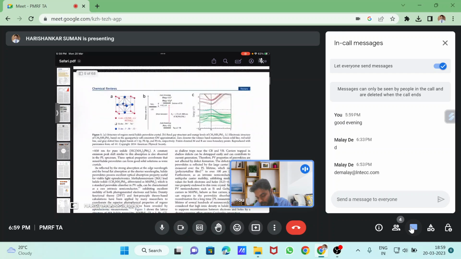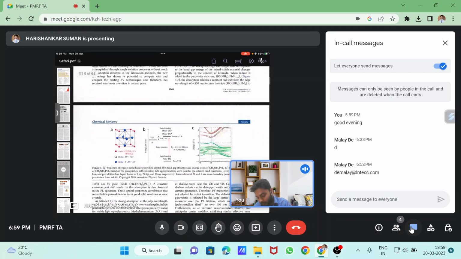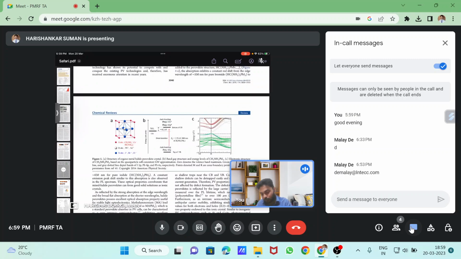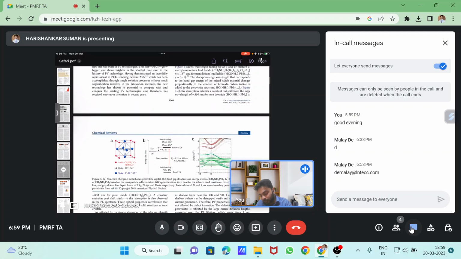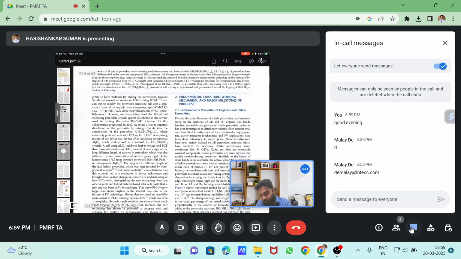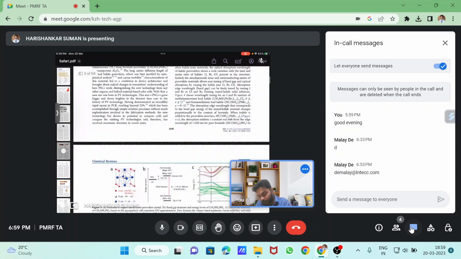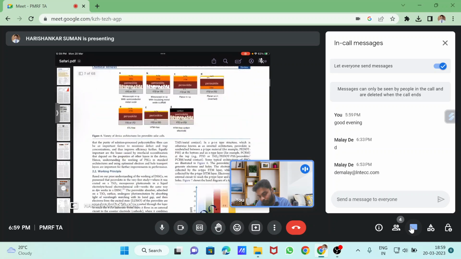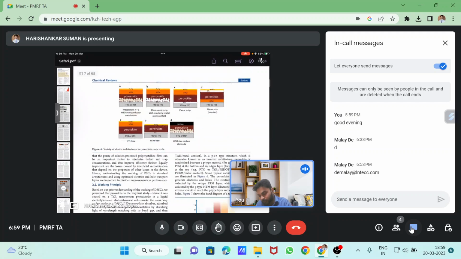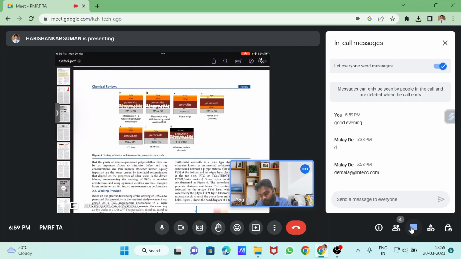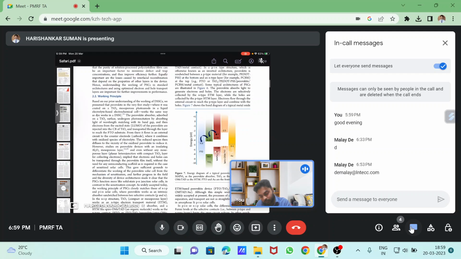And there is all about the perovskite. What is the band gap? How is the band gap formed? What is the ABX material site? What could be the device structure and types, like n-i-p and p-i-n? This is the energy band arrangement.